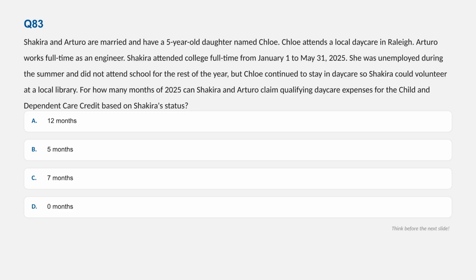She was unemployed during the summer and did not attend school for the rest of the year, but Chloe continued to stay in daycare so Shakira could volunteer at a local library. For how many months of 2025 can Shakira and Arturo claim qualifying daycare expenses for the child and dependent care credit based on Shakira's status? A. 12 months, B. 5 months, C. 7 months, D. 0 months.